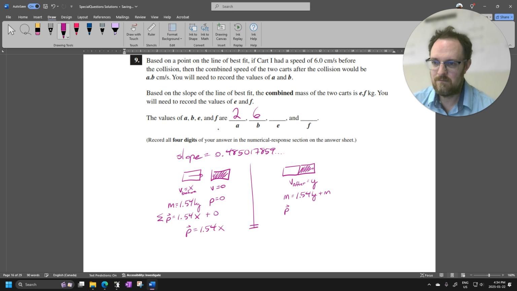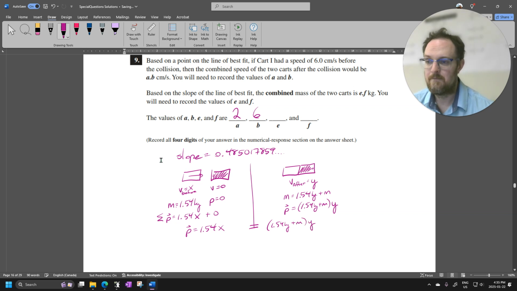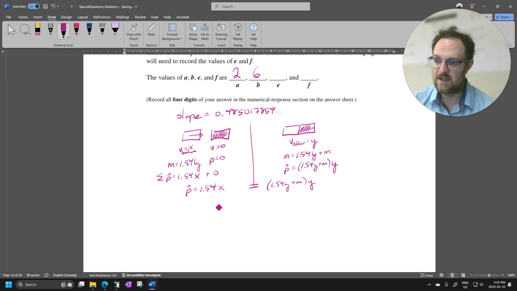And then our momentum is this mass times its velocity, so this times y. So that means this momentum is equal to this momentum. Like that. Okay, so we can create a little equation down here.